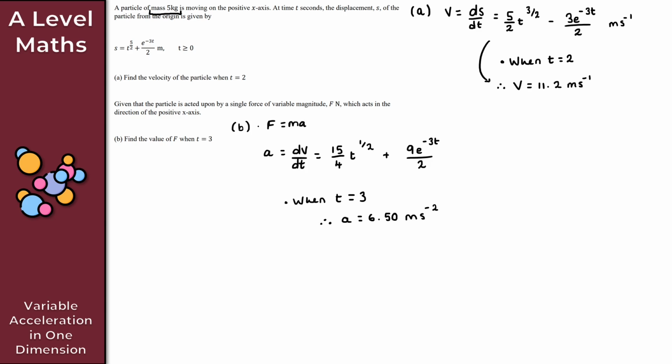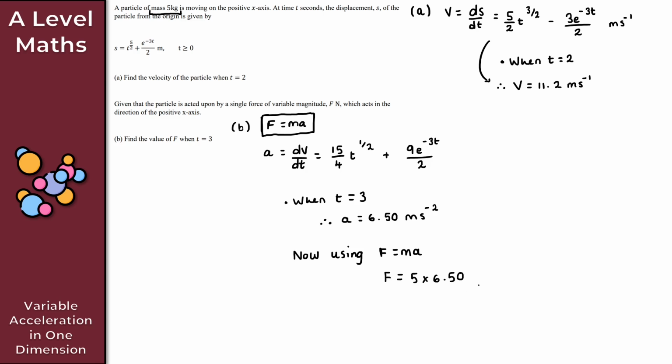And then finally, let's use F equals ma. So we know the mass of the particle, we also know the acceleration. So F is equal to the mass, which is 5 in this case, times the acceleration, which is 6.50.